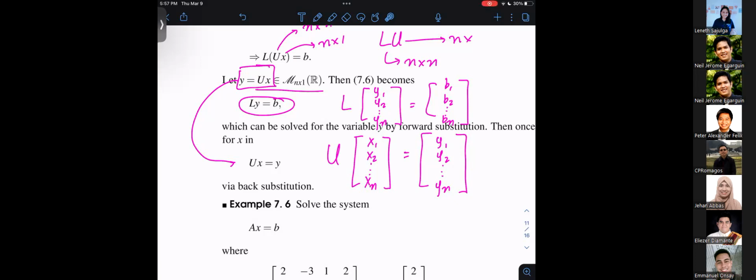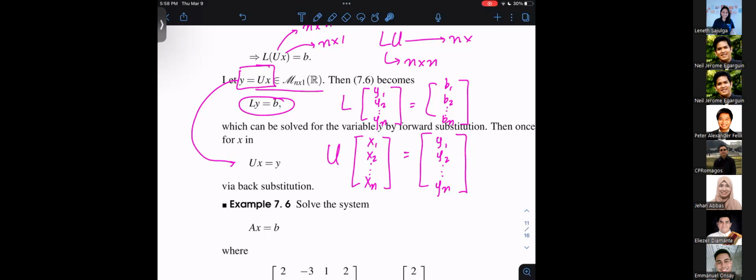And then once the data that will comprise the vector of constants b comes in, you can just retrieve the lower triangular matrix, perform forward substitution to get the values of the y_i's, and then after that, retrieve the matrix U from memory, and then use back substitution. But this time, your right-hand side will be the y values that you got from before. Okay? So that's the entire process.